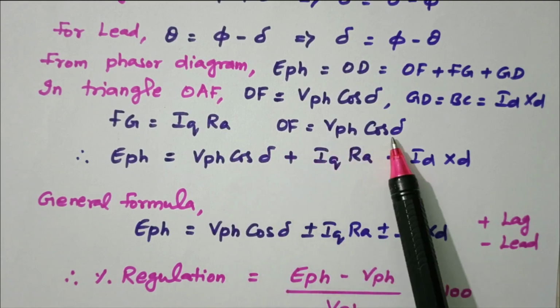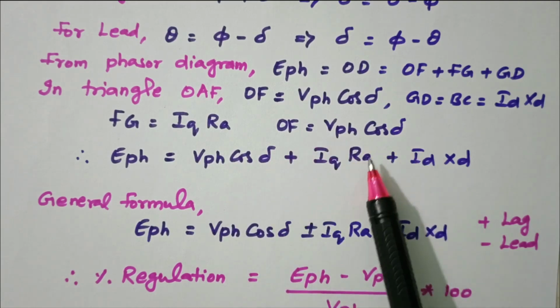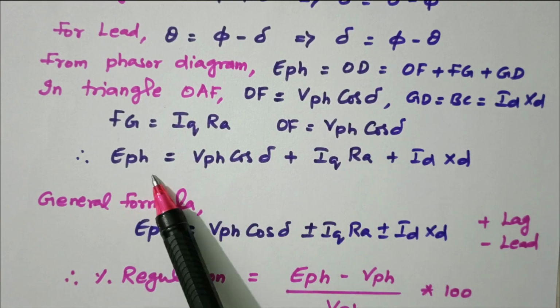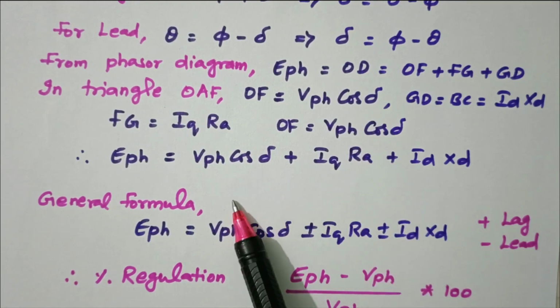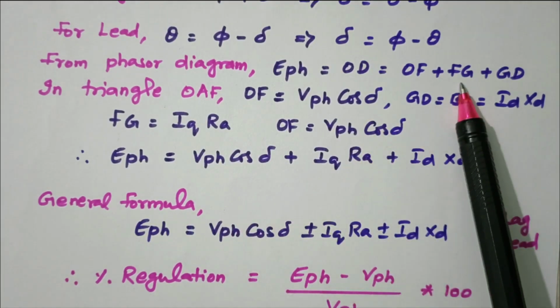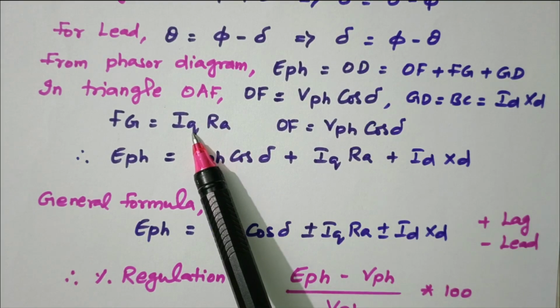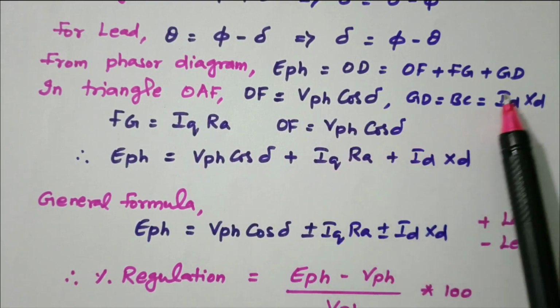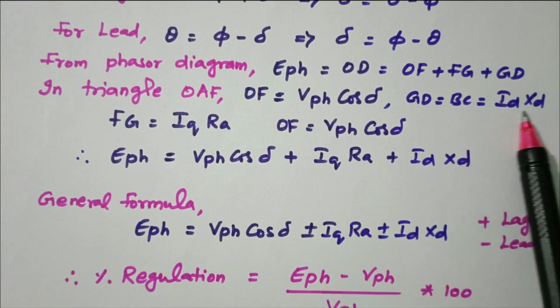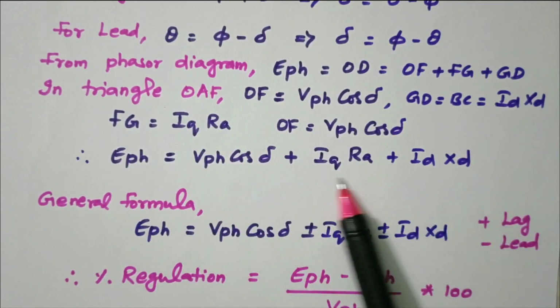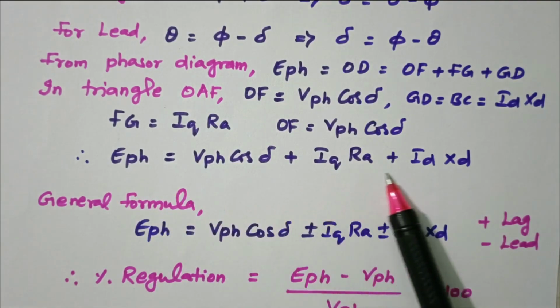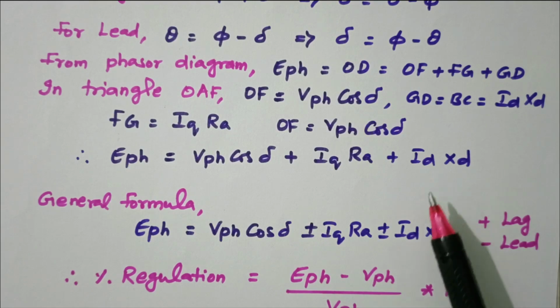So all the values are available. We can substitute. E phase equals OF, which is V phase cos phi, plus FG, which is IQ RA, then GD is ID XD. All the values are substituted. This is the final parameter we calculated from the phasor diagram.